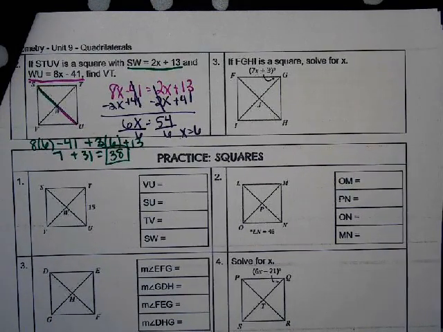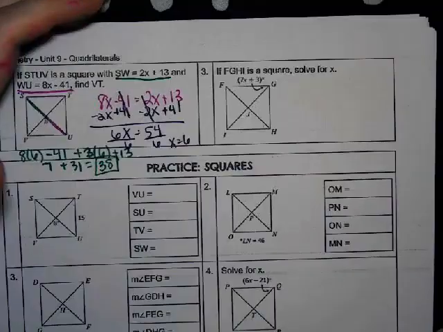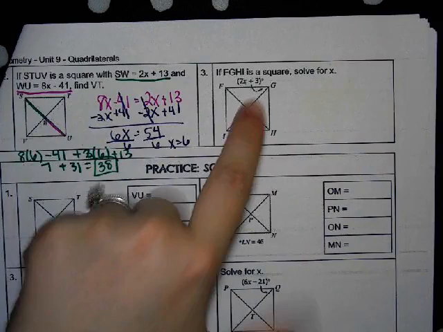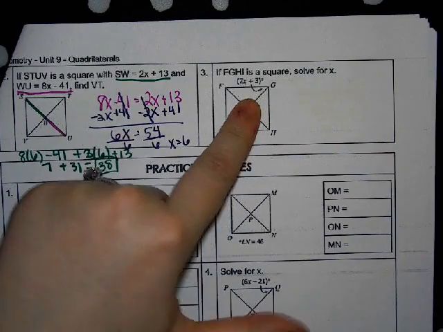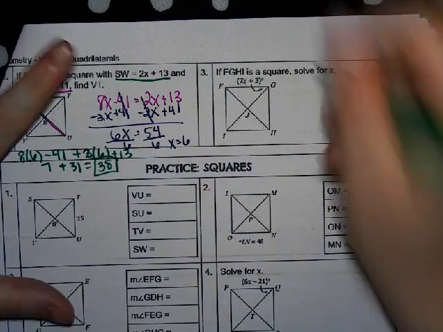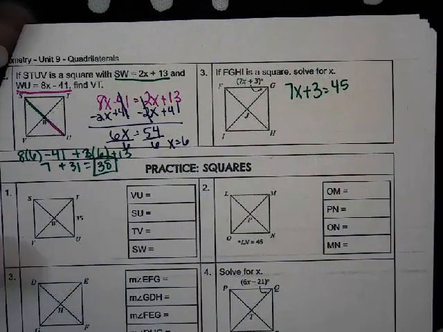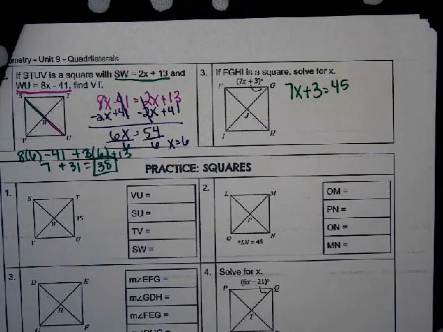Okay, then I've got this last one. And remember, all of the angles in a square, we know, they're either 90 degrees if it's a full angle, or 45 degrees if you're looking at a half. This angle is looking at half of an angle, so I know it is 7x plus 3 equals 45. Half an angle is always equal to 45. Full angle is always equal to 90.